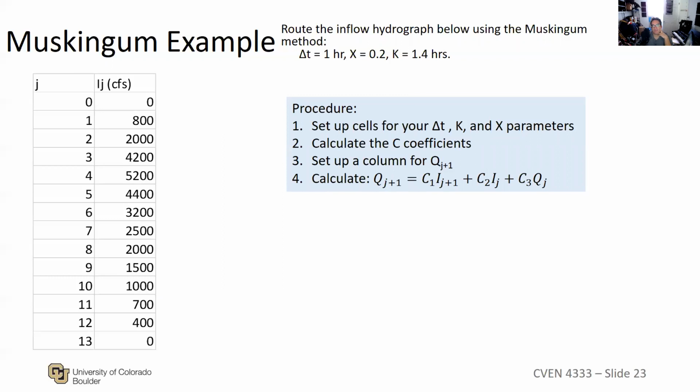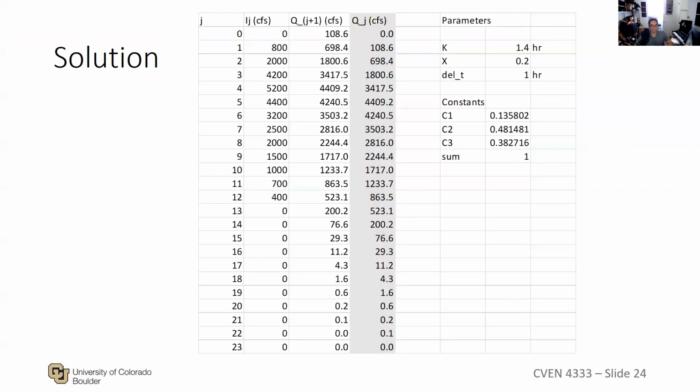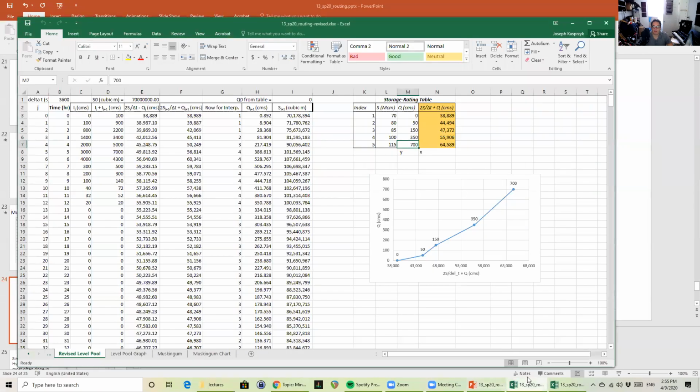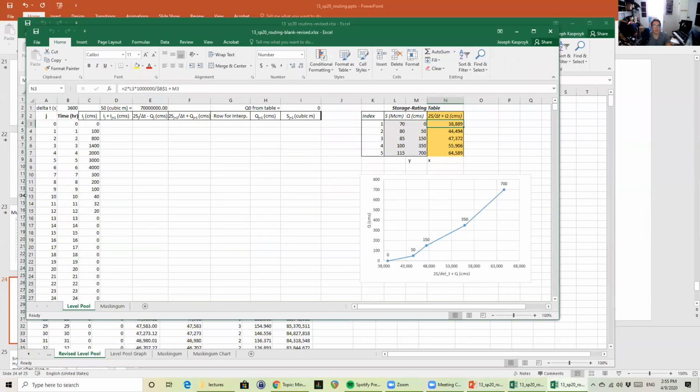You have all of your parameters, and you put them off to the side because none of them will change. You can calculate your C coefficients, set up a column for Qj plus 1, and then go to town. This is what the solution looks like, but let's pop over to Excel real quick and see how we do.